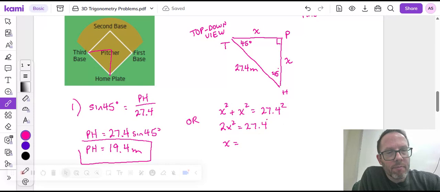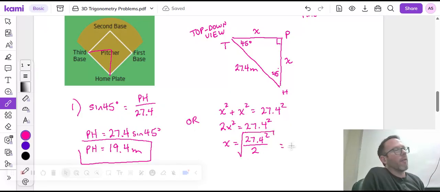To get x, you would take 27.4 squared, divide it by 2, and then square root that. Can you guys humor me and give that a go? Should give us the same thing. 87% confident this will work. Of course it'll work. Nothing bad happens when you try to improvise. Of course it works. 19.4.